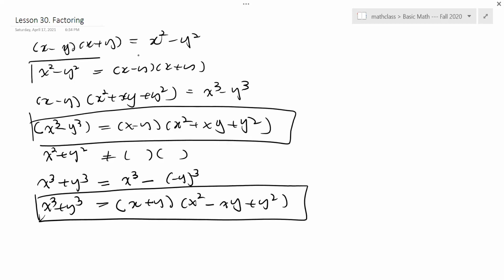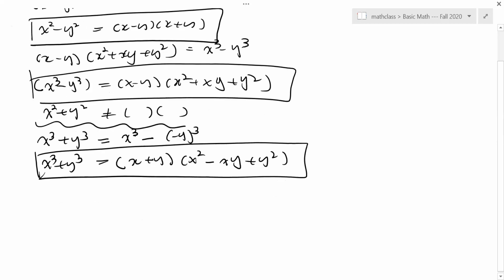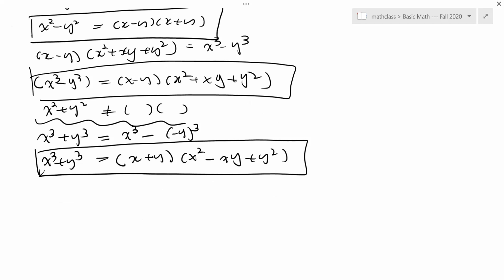For squares, you only have the difference formula, and that one you don't have. You cannot factor x squared plus y squared as a product of two factors without using complex numbers. So if we have x cubed minus 1, can you factor this?